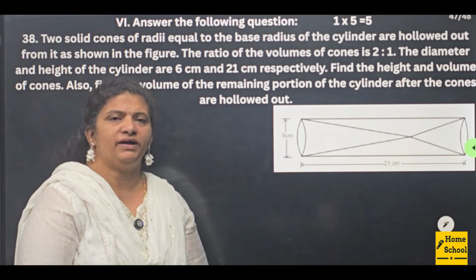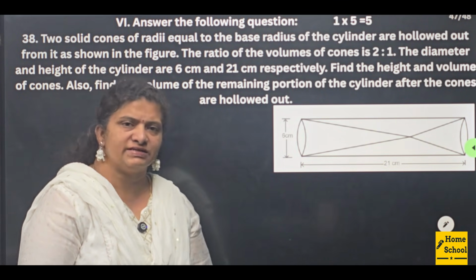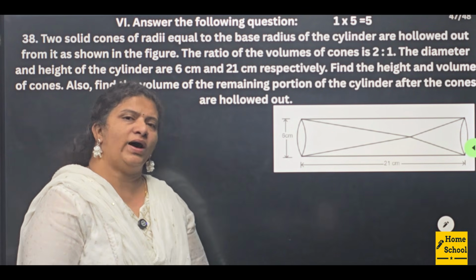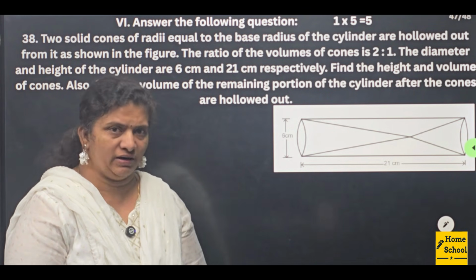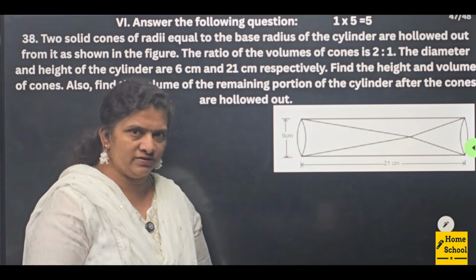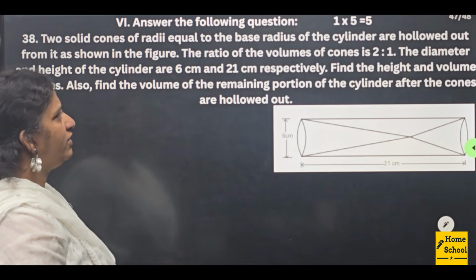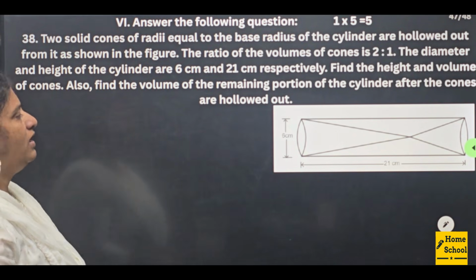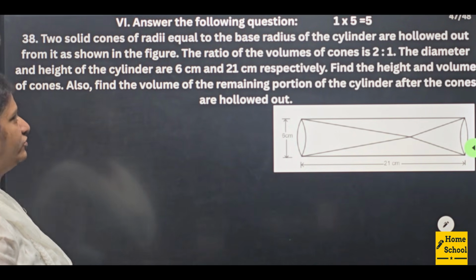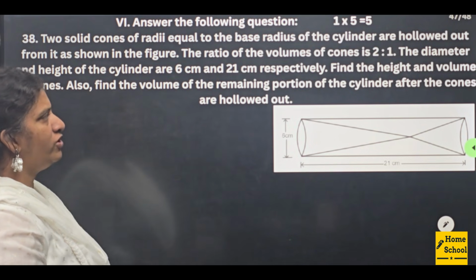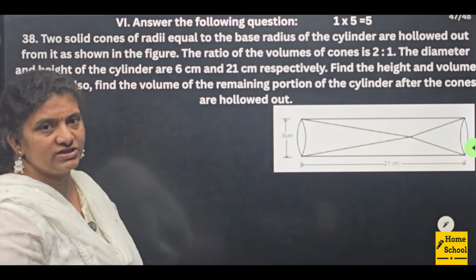With this we complete the 5 mains. Sixth main, answer the following questions. One question will be there. Each carries 5 marks. And again an OR choice will also be there in this. 38. Two solid cones of radii equal to the base radius of the cylinder are hollowed out from it as shown in the figure. The ratio of the volumes of the cones is 2:1.